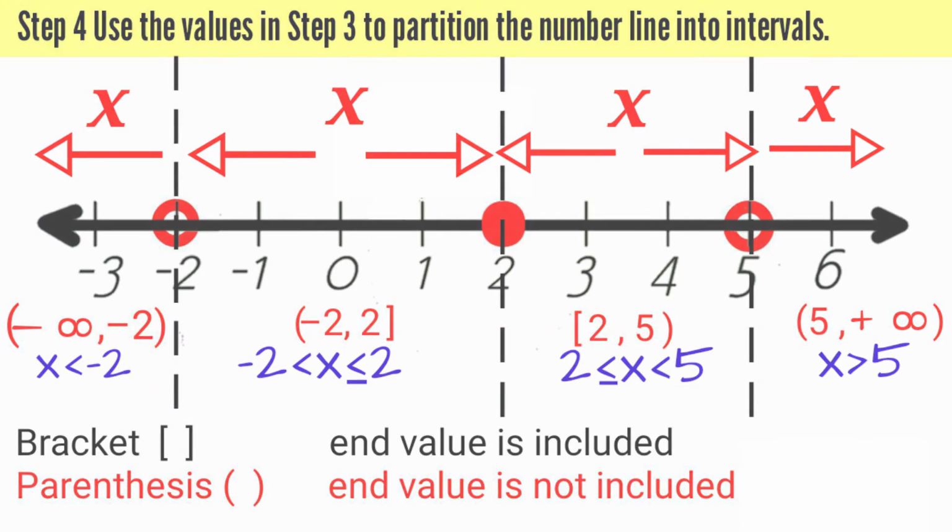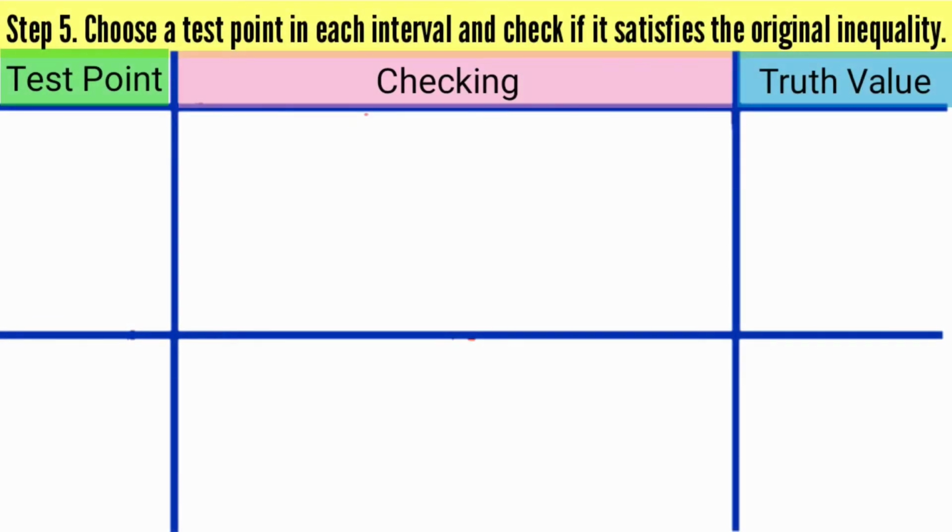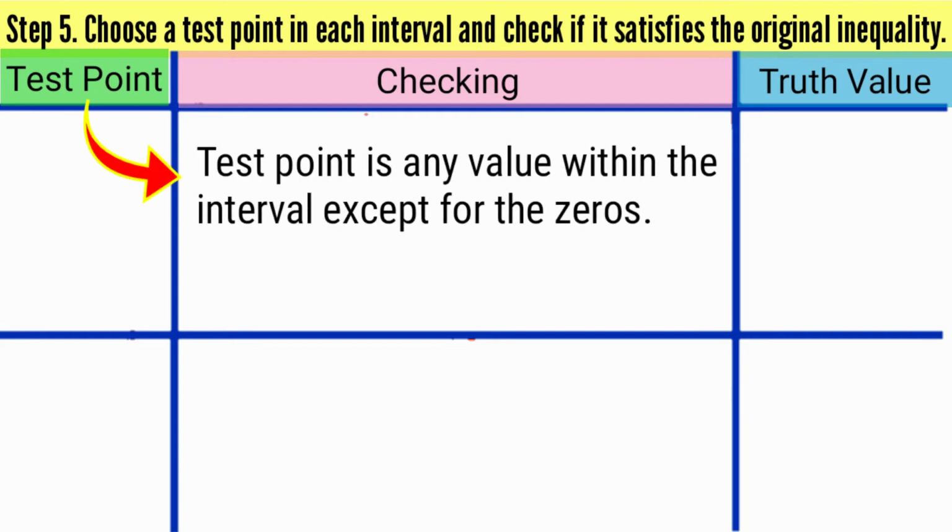Step 5. Choose a test point in each interval and check if it satisfies the original inequality. A test point is any sample value within the given interval except for the zeros of the numerator and the denominator, because we already know whether those values are part of the solution.